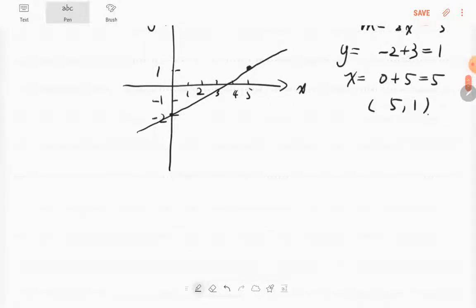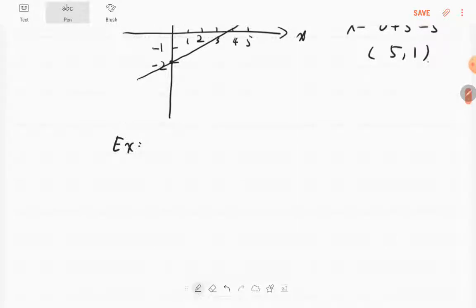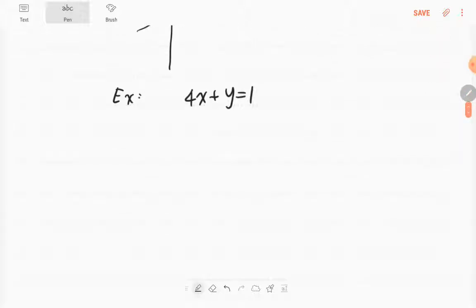So let's check another example. This time we have this. We want to use the slope-intercept form to graph this equation. If we are given a standard form but want to use the slope-intercept form, we should switch this to the slope-intercept form.